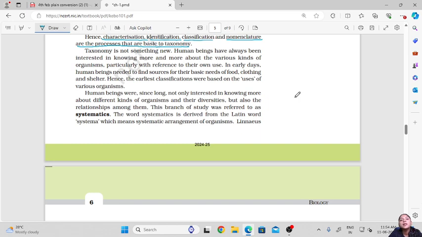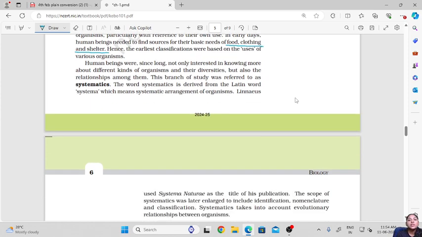Since earlier times, humans have always been interested in knowing more about the organisms around them, and in earlier times they were mostly interested in the organisms which were useful for them for food, clothing and shelter. Later on they started to develop more interest in knowing the relationships between the organisms.